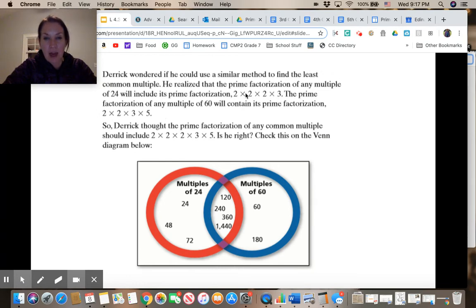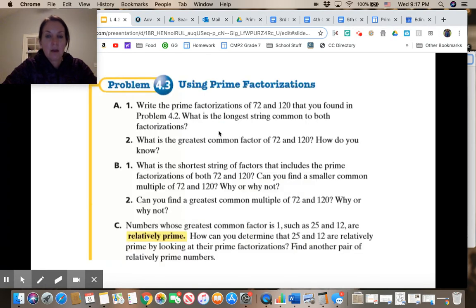Since they both had 2 2s, they just left the 2 2s. Since they both had a 3, they left the 3. This one had one extra 2, so they put it in. This one had an extra 5, so they put it in. So that was the longest string common to both.